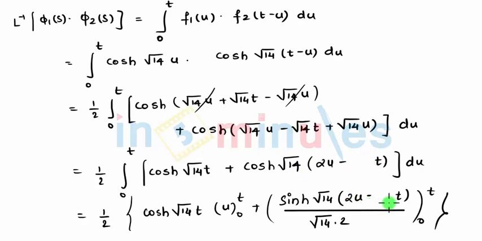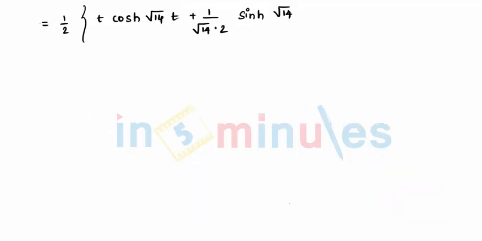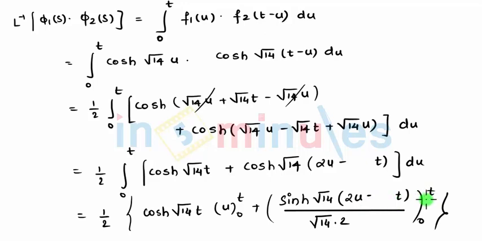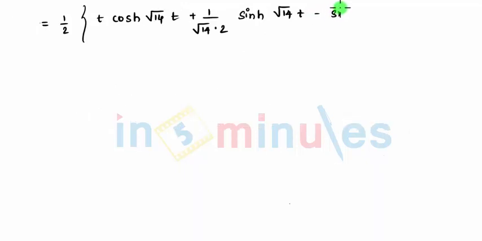So we have only 2u minus t. When we substitute t, 2t minus t is t, sin hyperbolic root 14t, and next is when we substitute 0, that comes to be minus of sin hyperbolic root 14 of minus t.